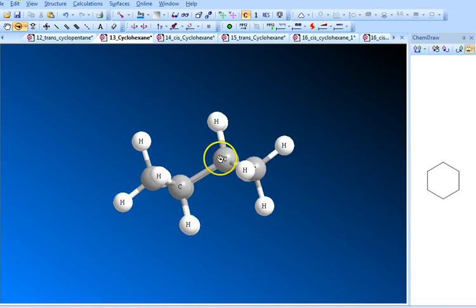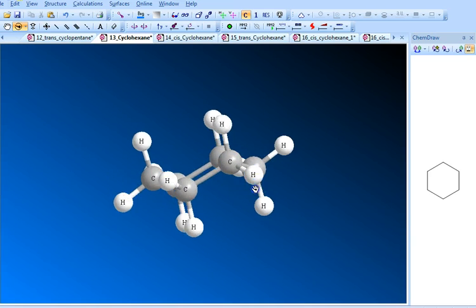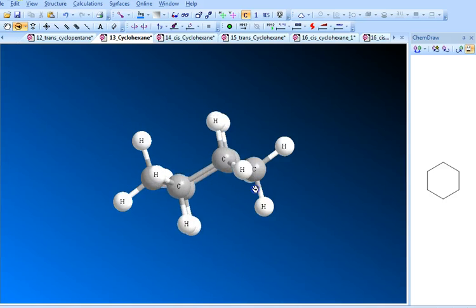This is called the chair conformation, and you can imagine it like this is where you would sit, this is where your back would go, and this is just something like an extension. Does it look like a chair to you guys? This is slightly inclined, but if I could rotate it a little bit, it would look more like a chair.